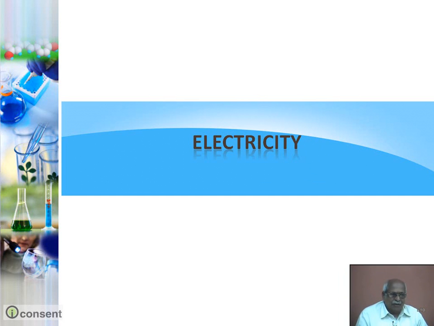In the school days, we learn that a glass rod rubbed with silk acquires some new property. It can attract light bodies like a piece of paper. Same thing is true for ebonite rod rubbed with fur or cat skin.